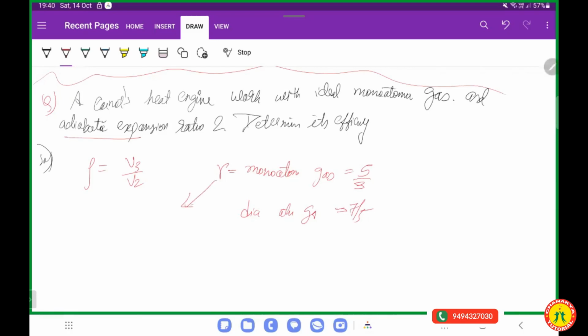A constant. What constant? Adiabatic index.